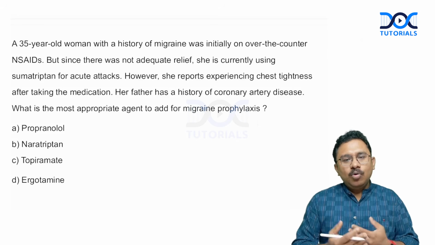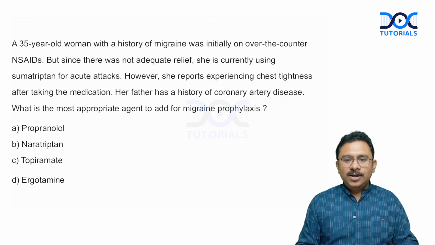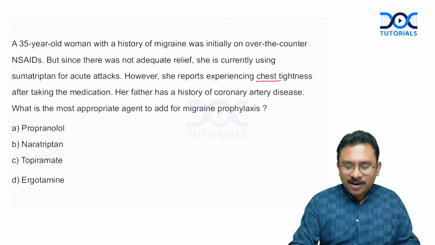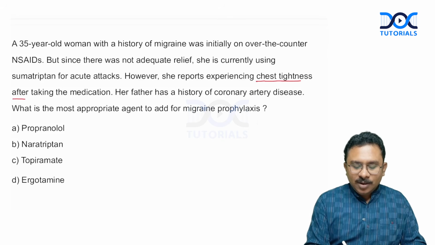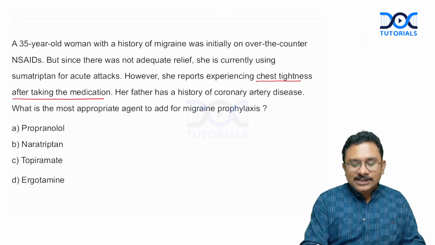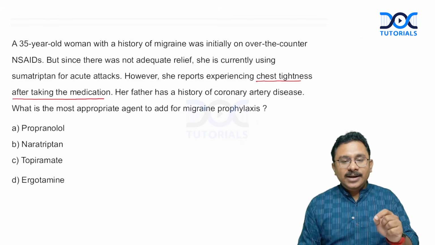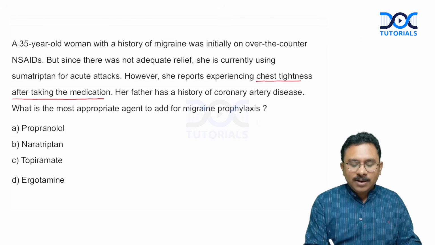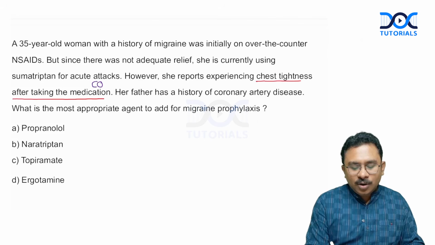Obviously, more severe migraine might require a triptan, but watch out. The patient reports experiencing chest tightness after taking the medication. Now, my dear children, please tell me, when a patient develops chest tightness after taking a triptan, what are you considering? I am considering the possibility of coronary vasospasm.